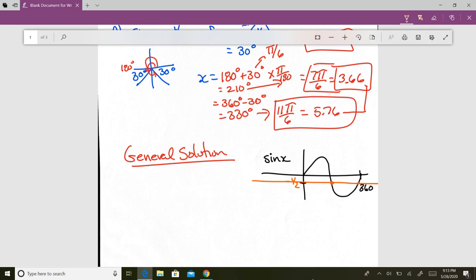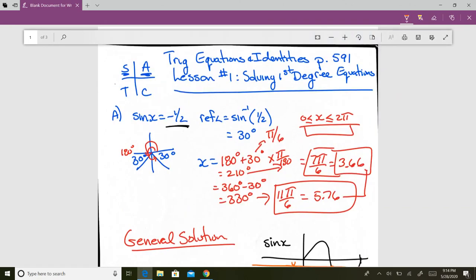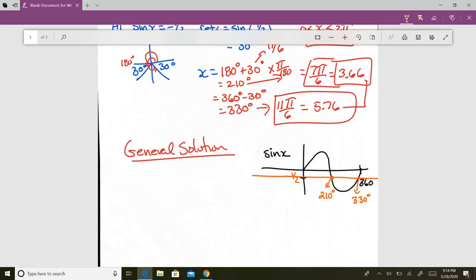Where they intersect are the answers, and these points here are, I'll just do it in degrees, 210 and 330. That's where the intersects are. But we've restricted the domain to 0 to 2 pi or 0 to 360, so it's just one cycle.